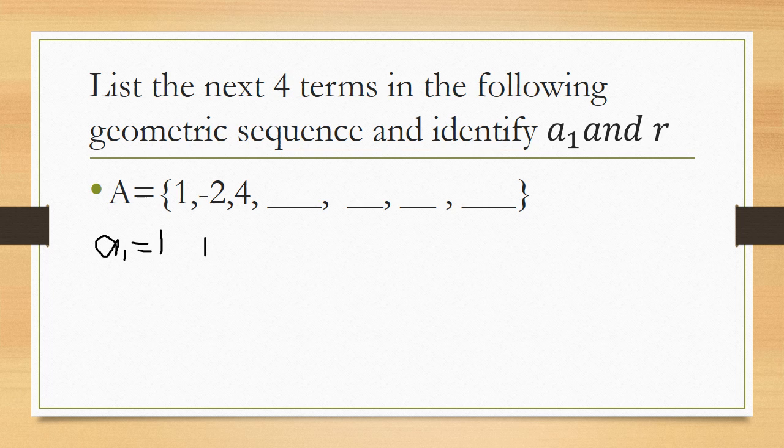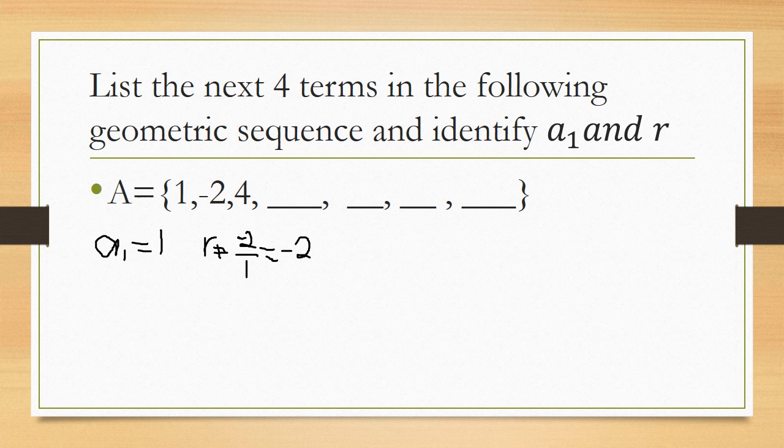We're going to divide -2 by 1. r equals -2 divided by 1, and the answer is -2. So the common ratio in this example is -2.